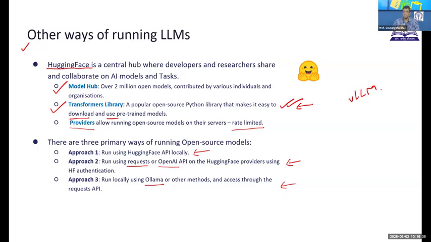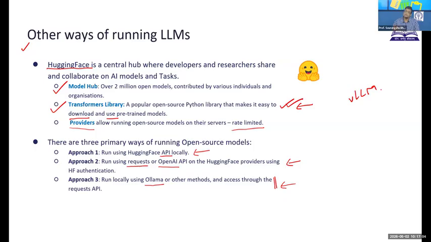Okay, and what you can do is, instead of programmatically using the Hugging Face API, which basically means you have to run a Python program to run these models, you can just download software. The software can run on your server or on your machine.